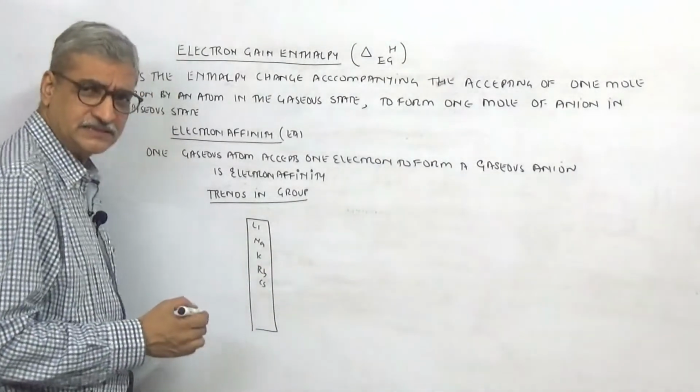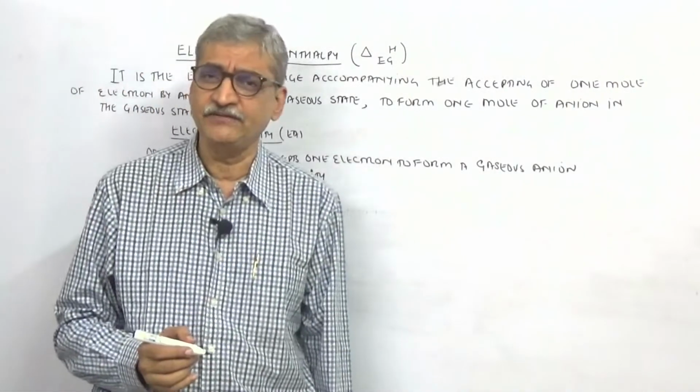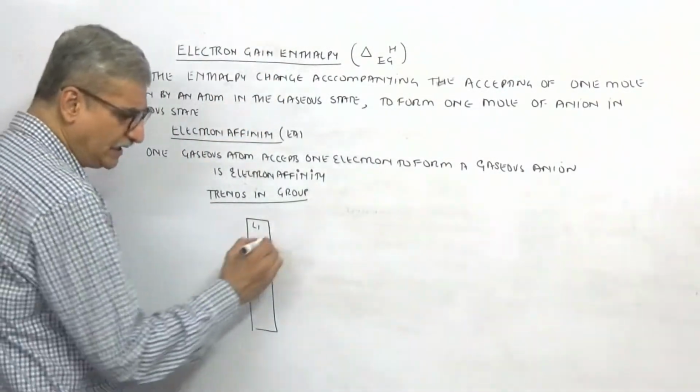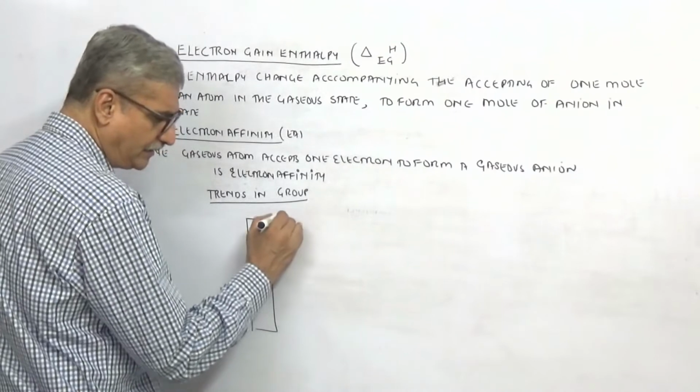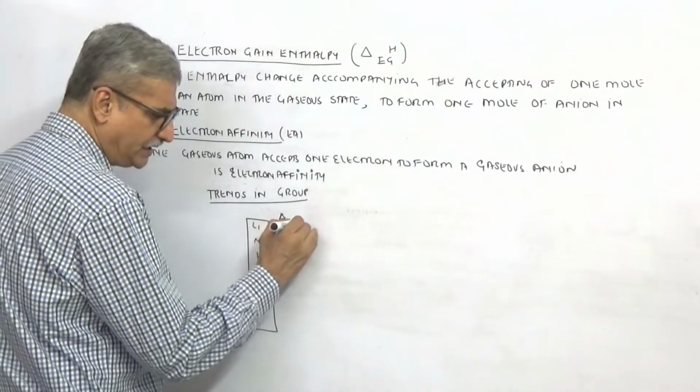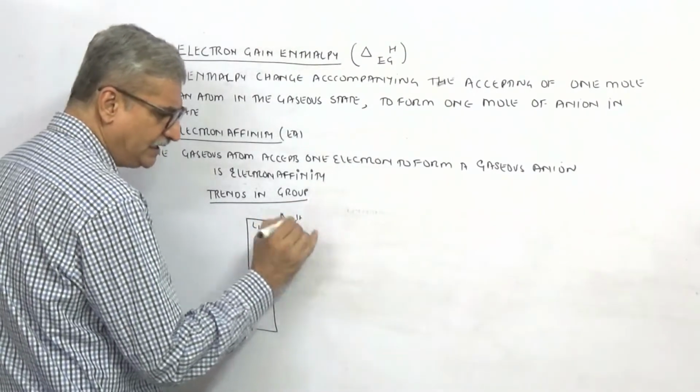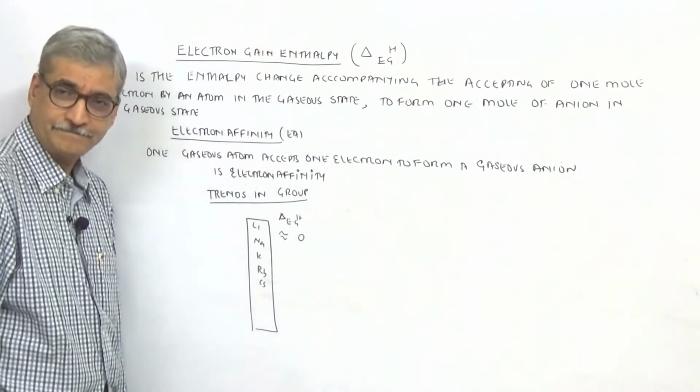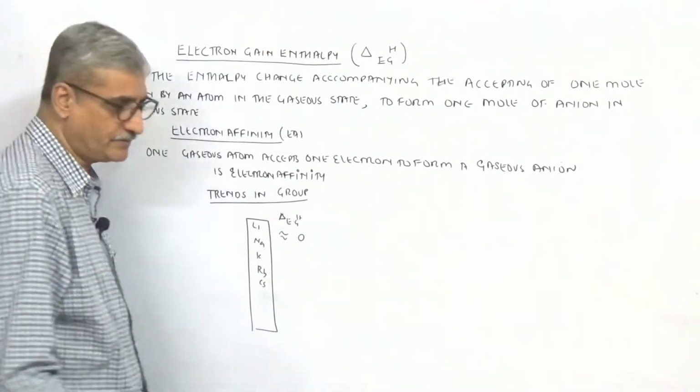Alkali metals generally form cations, they never form anions. So literally their delta electron gain enthalpy is nearly equal to 0.